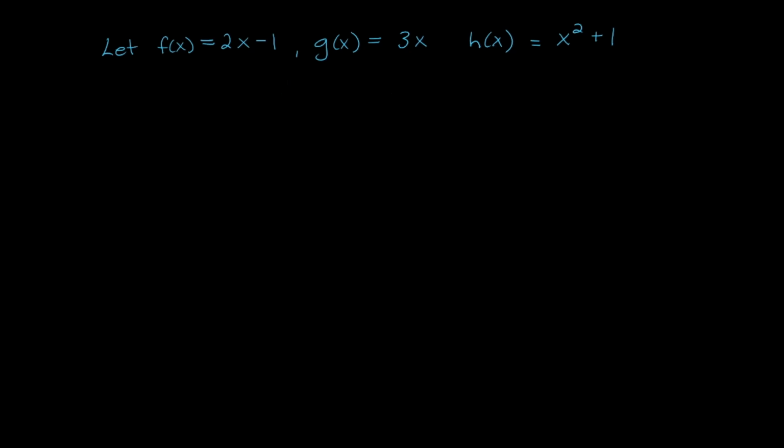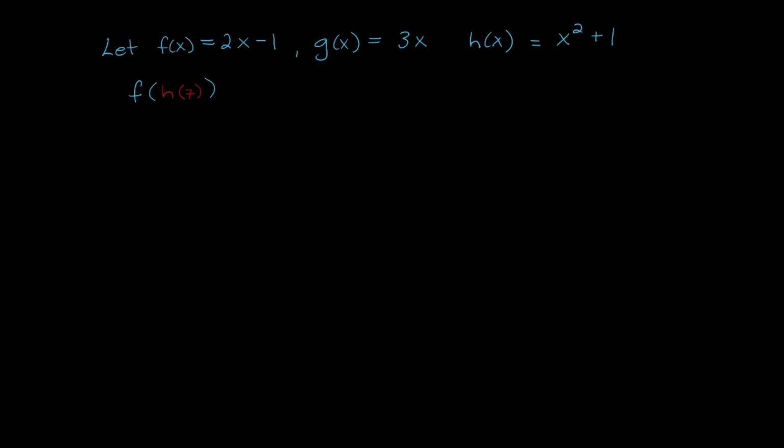Now let's say we are asked to find f of h of 7. Let me try and put this in a different ink so we can see a clear difference. Okay.